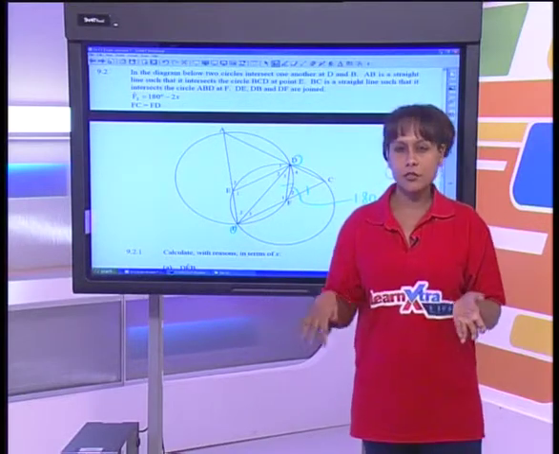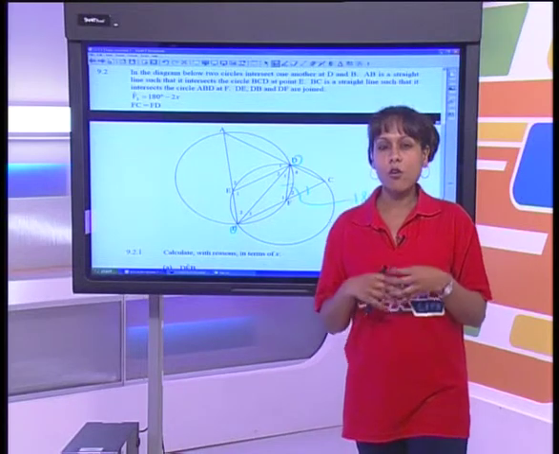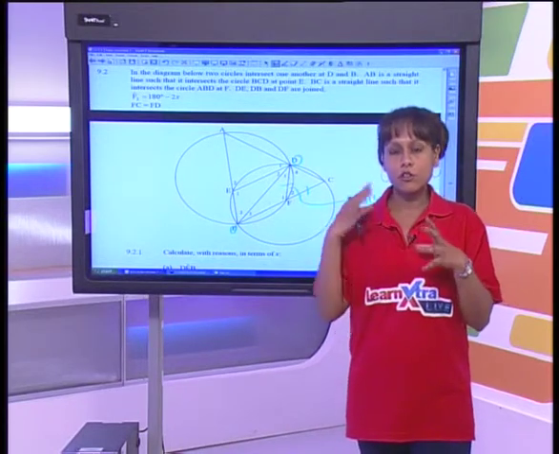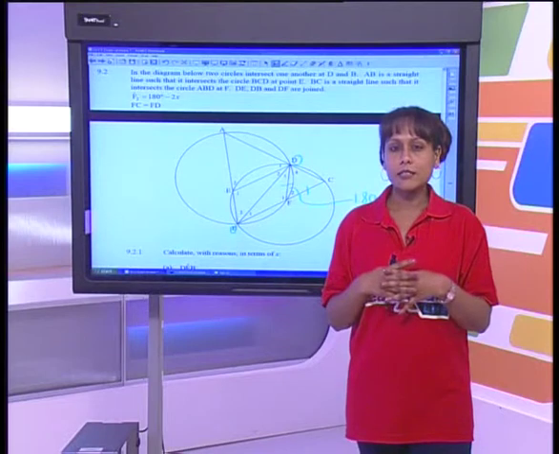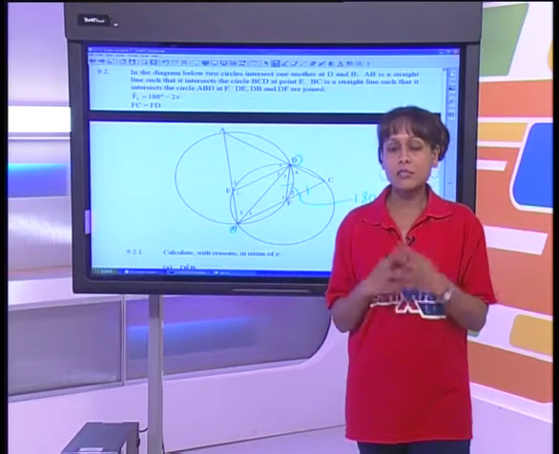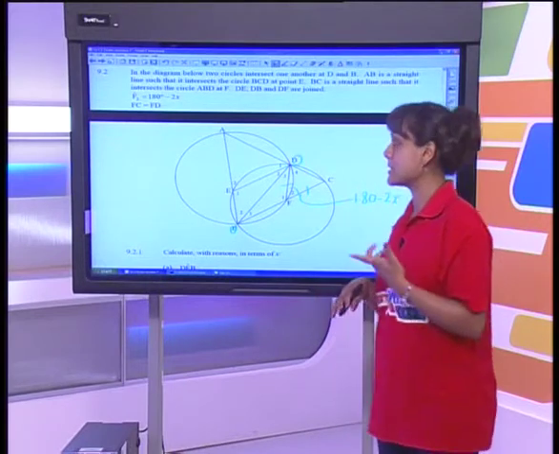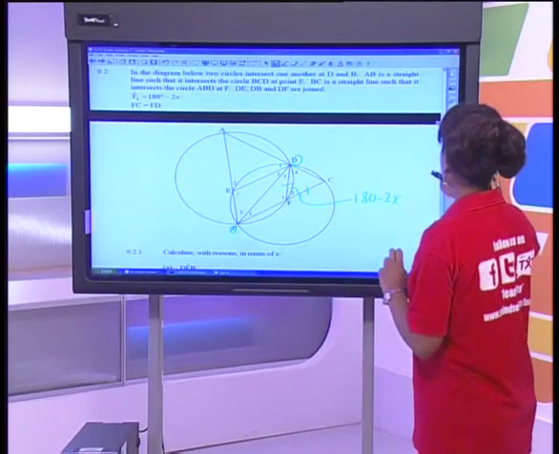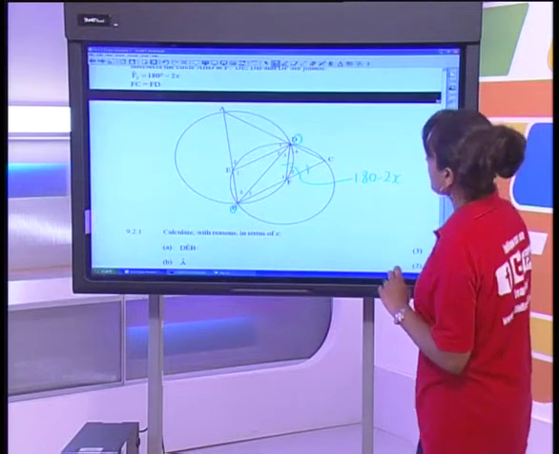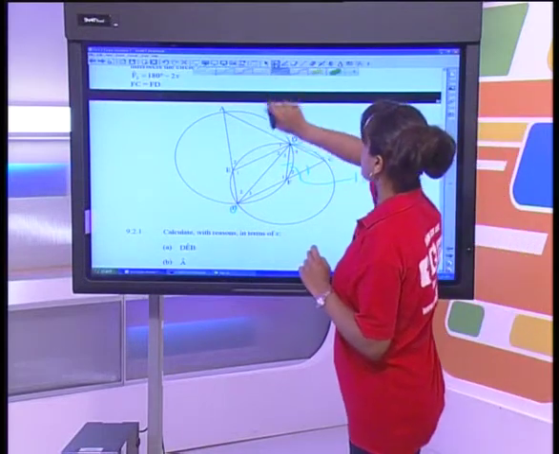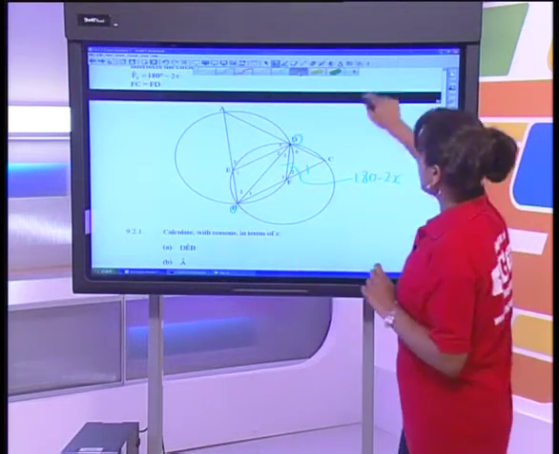See if there are exterior angles of that cyclic quad, or if there's a circle center, look for angle at center, and also identify angles in the same segment if you do have cyclic quads. So let's have a look at the drawing and see what we can figure out before we look at the question. Okay, and for this I'm just going to swap to a different color. All right.